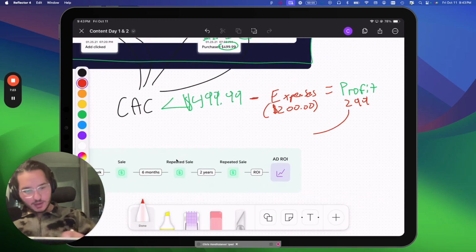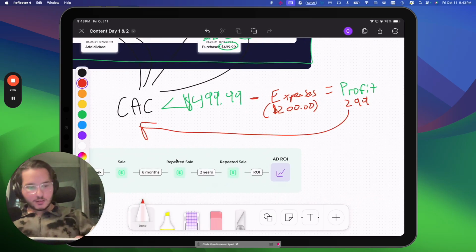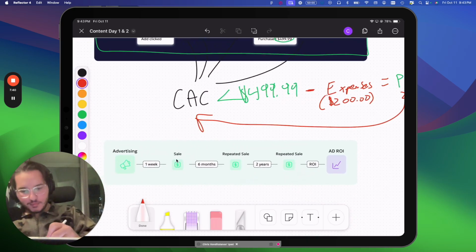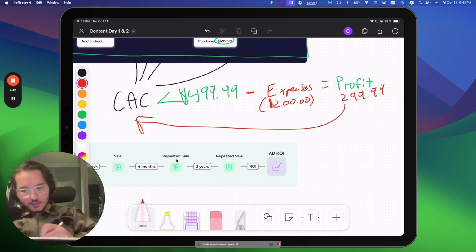So then when you come back to here, if the cost of acquisition is less than $2.99, then you're making money on it, because we're saying the expenses are $200 in this hypothetical scenario. So this has to be less than $2.99 in order to make a profit.